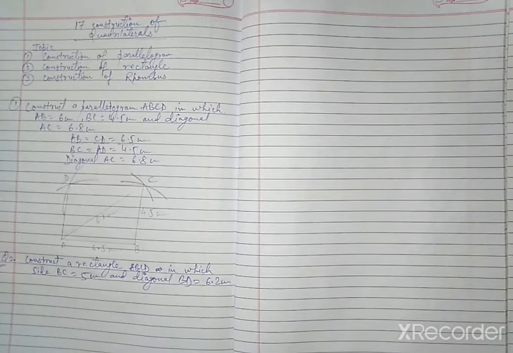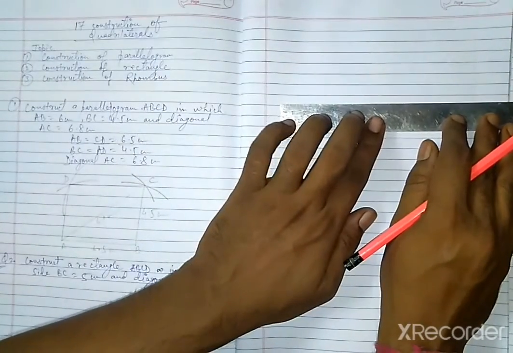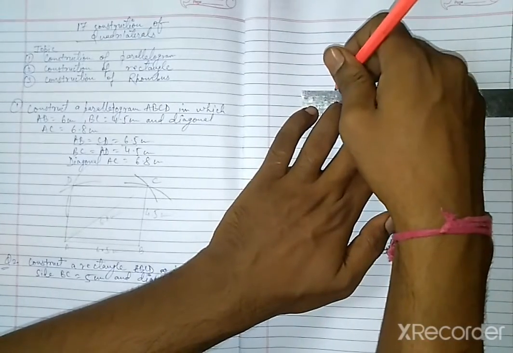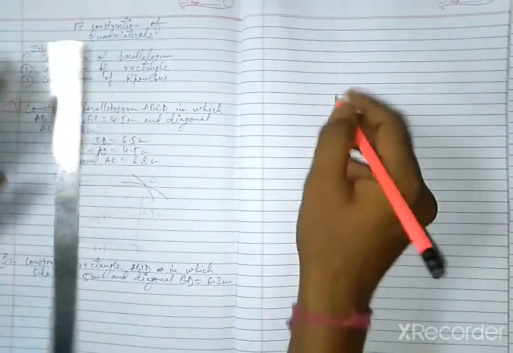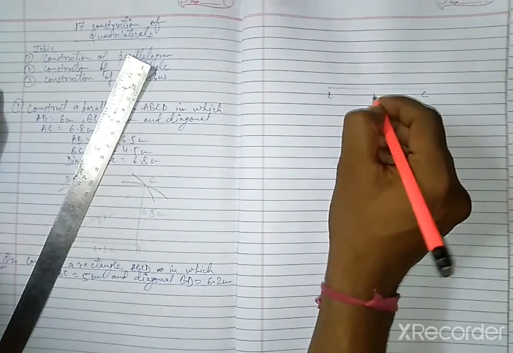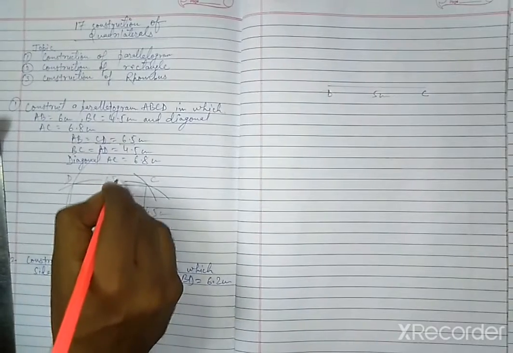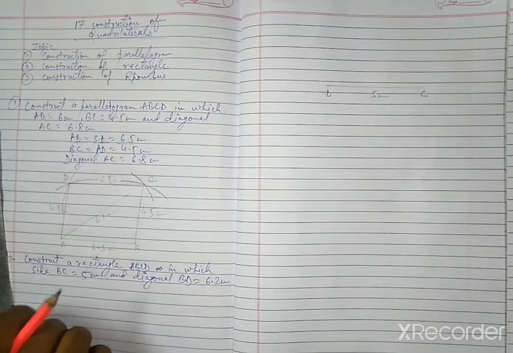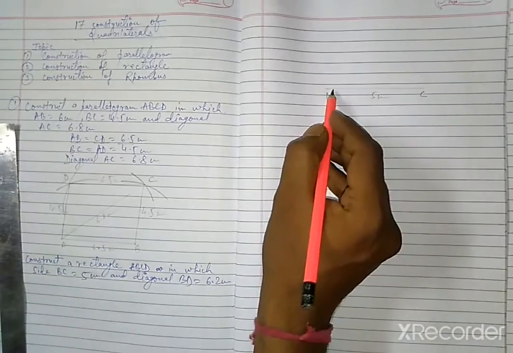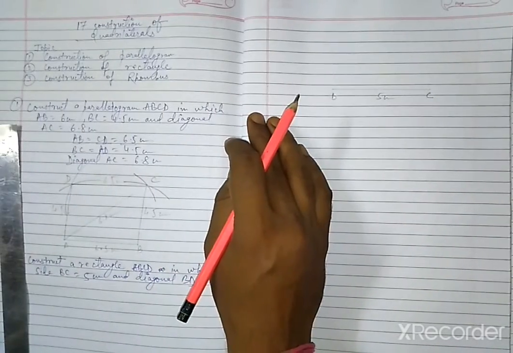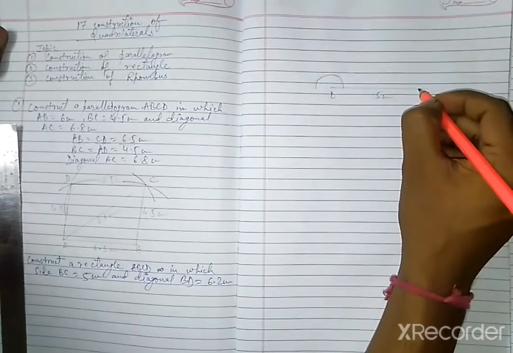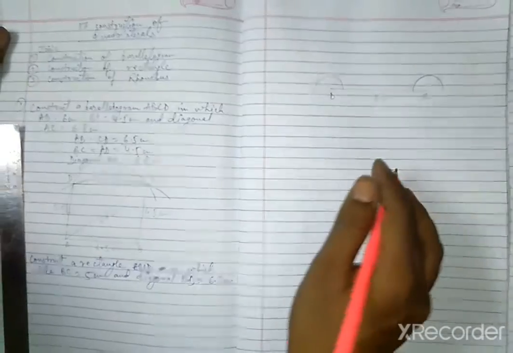So let's draw this figure. First of all, the base is given to me, that is BC. I have to draw first 5 centimeter BC base. Let's suppose this is BC, which is 5 centimeter. Now what I will do next is, as I know that in a rectangle the angles are 90 degree to each other, so I will draw 90 degree at point B and 90 degree at point C with the help of compass.